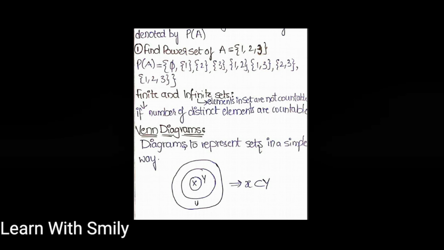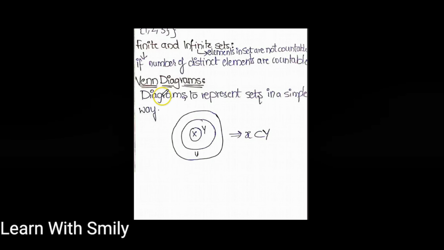Okay, then what are Venn diagrams? Venn diagrams are the best tool where you can draw something and explain very clearly. It is a diagram that helps you represent sets in an easier way that anyone can understand.